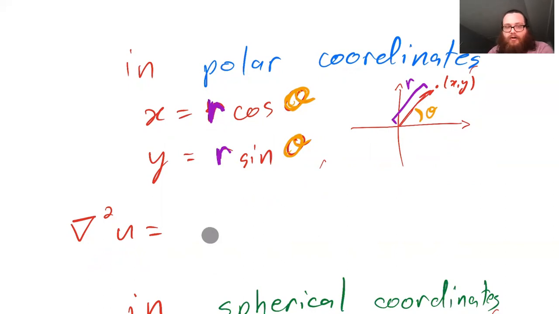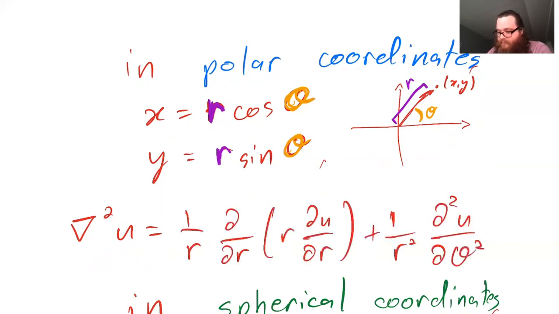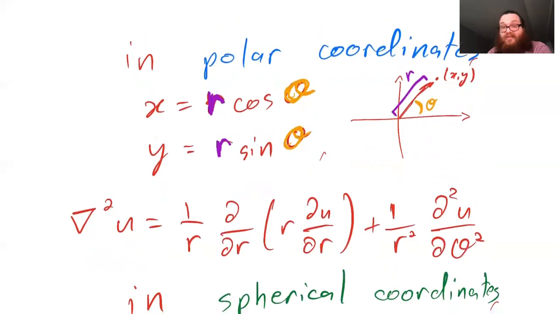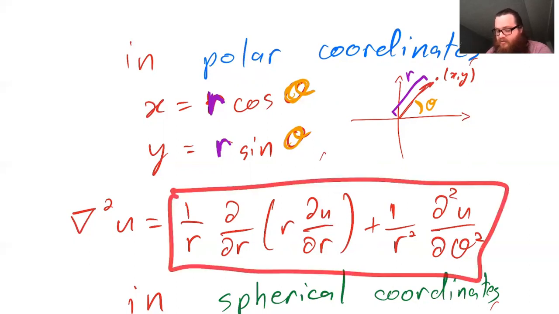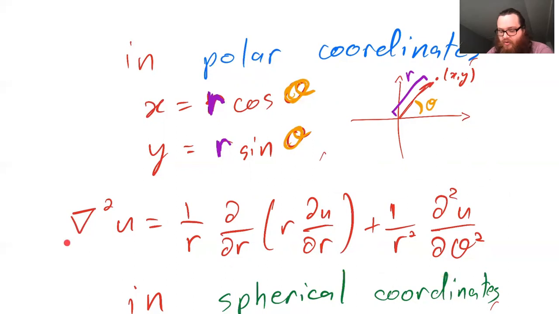So what does this operator, nabla squared of u, look like with respect to this coordinate system? It comes out like this. You may or may not have been expecting something nicer or simpler. But if instead of working with your function u in terms of x and y, you want it in terms of r and theta, then this is what you're computing whenever you compute this quantity.